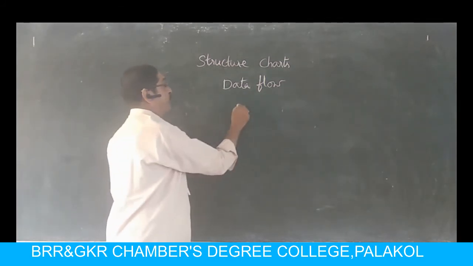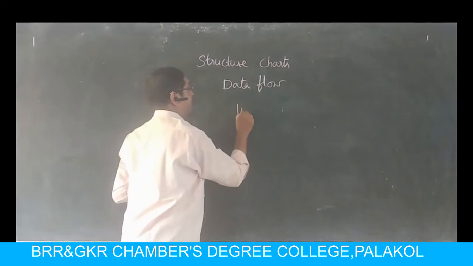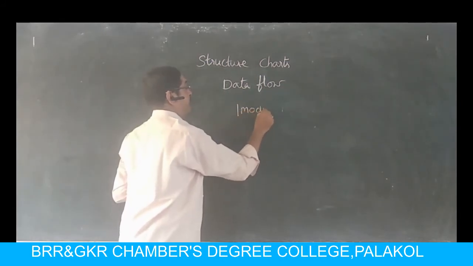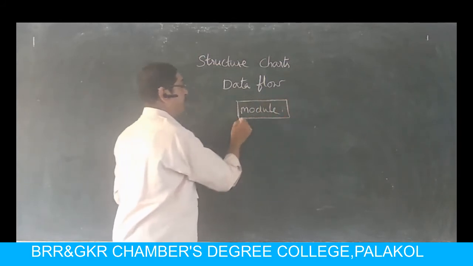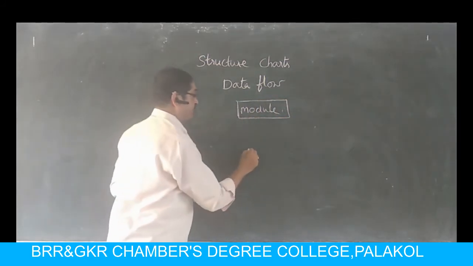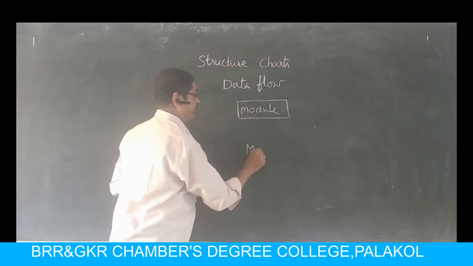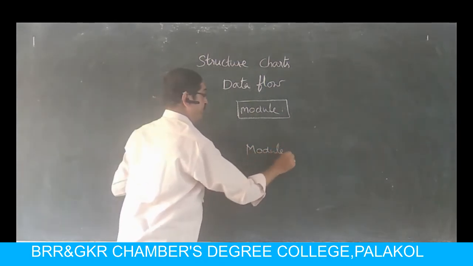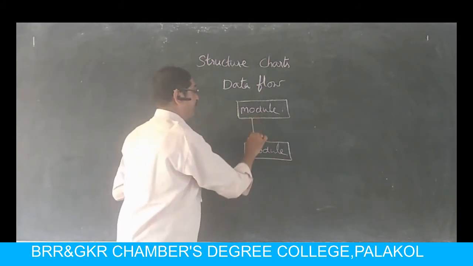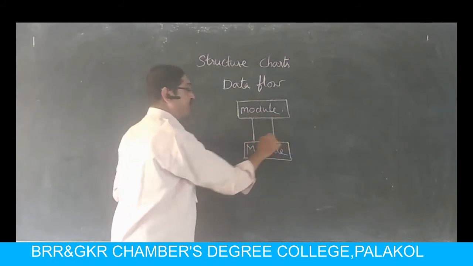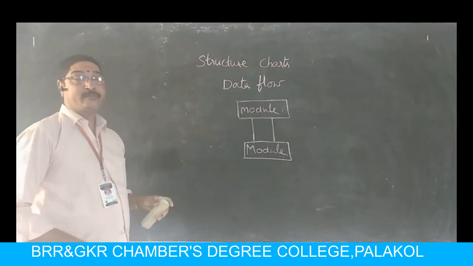Please study this one. We will have two modules. This is a module, and another module we have. How data flows between these two modules, we can explain with the help of this diagram.